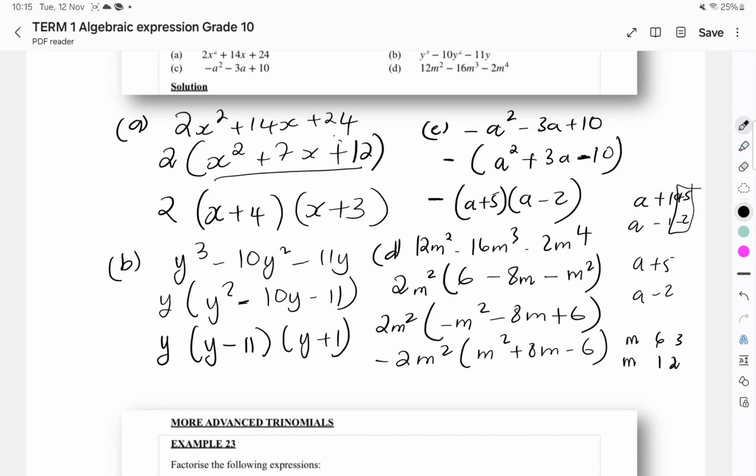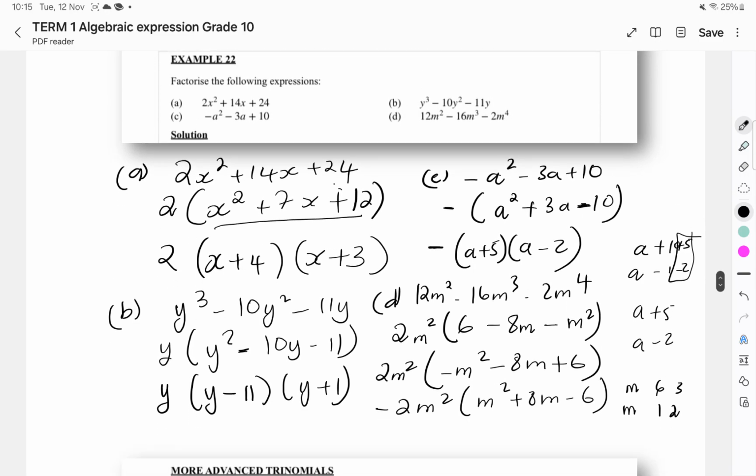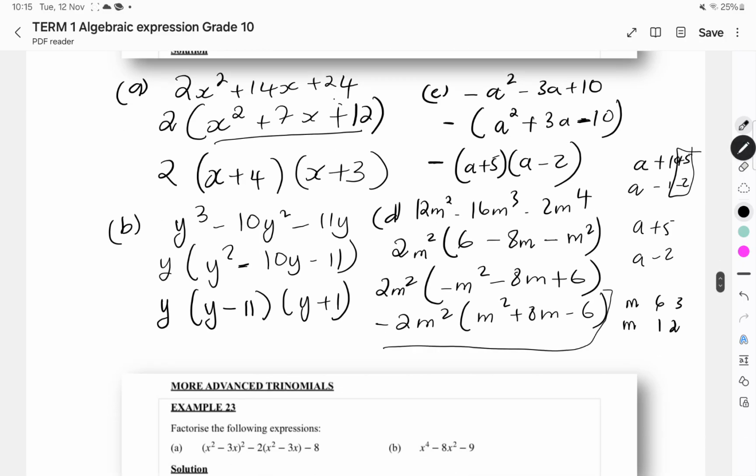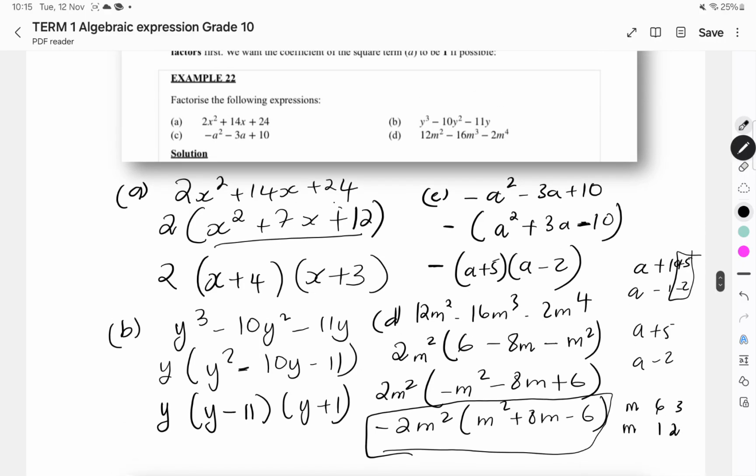Everything looks perfect. So what are we having there? The question is minus 16m squared. Okay, example 22, I'm trying to check this example here. It's minus 16m squared. It's not the same. So it means it's going to end here. We don't have factors, so that's why I'm going to end.